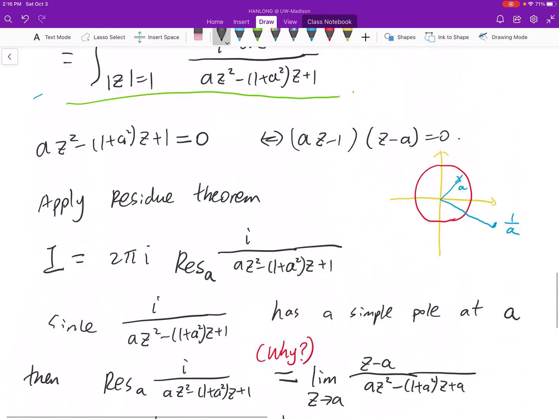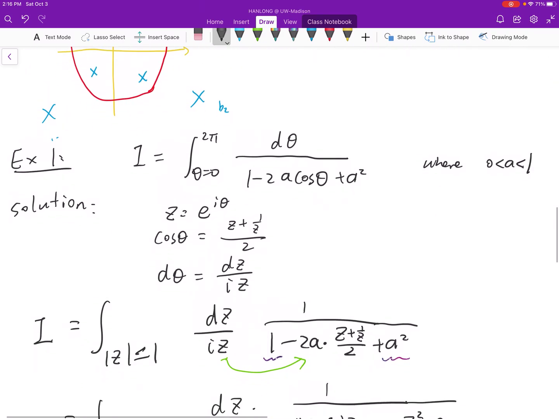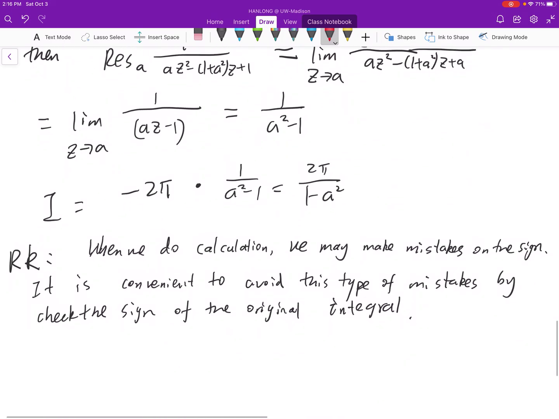For example, here at the very beginning, you see the integrand is positive. Therefore, I should be positive no matter what value it is. So if at the end you have, for example, 2 pi over a squared minus 1, then you must have made a mistake.